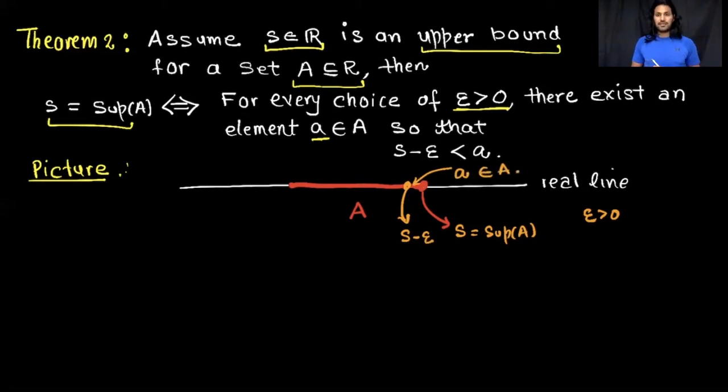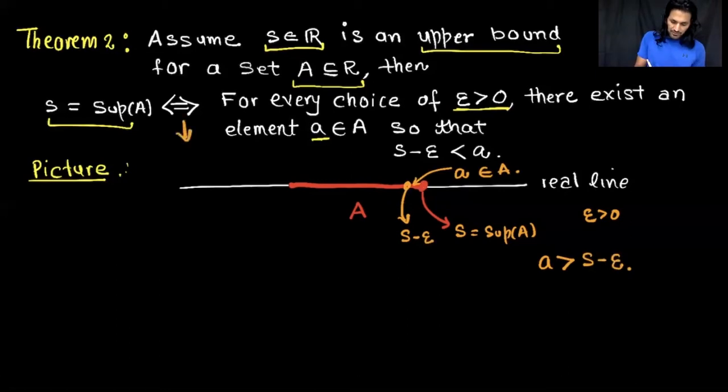It says that if you subtract no matter how small a positive number epsilon from the supremum, you can always find an element in the set A, so that this element a is bigger than s minus epsilon.